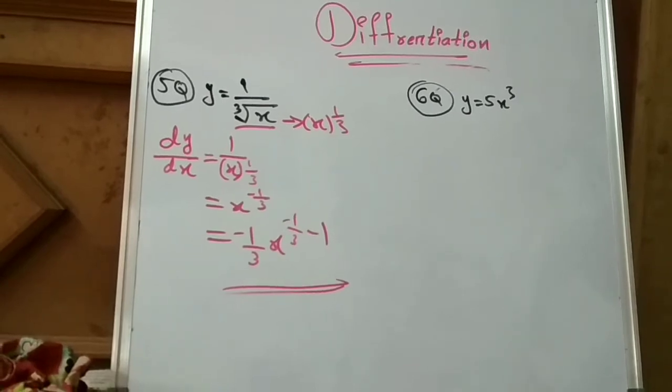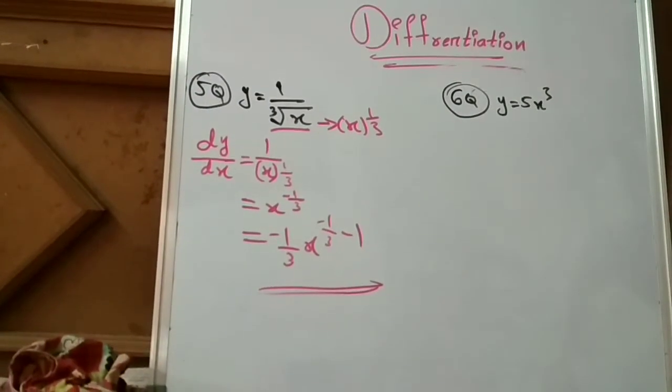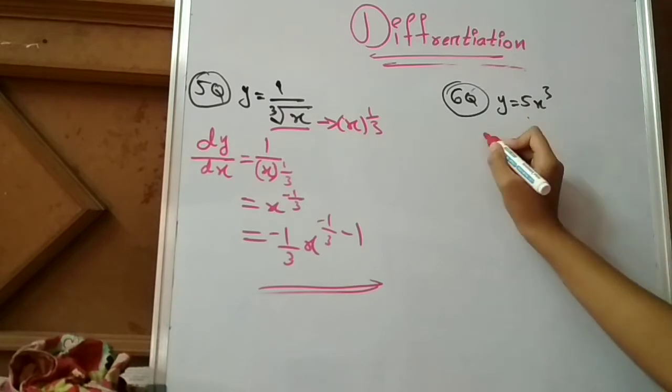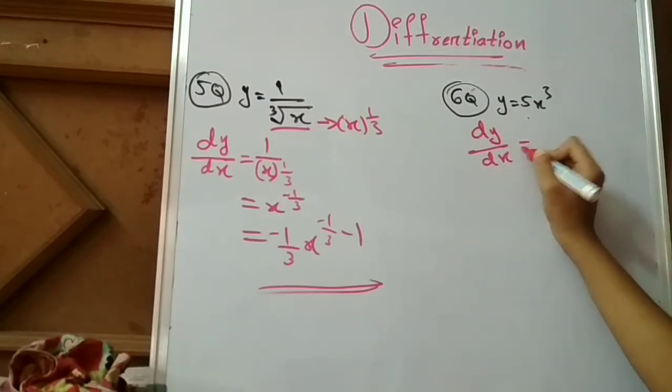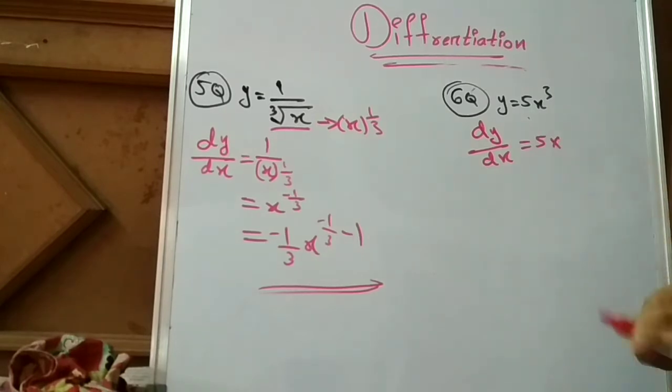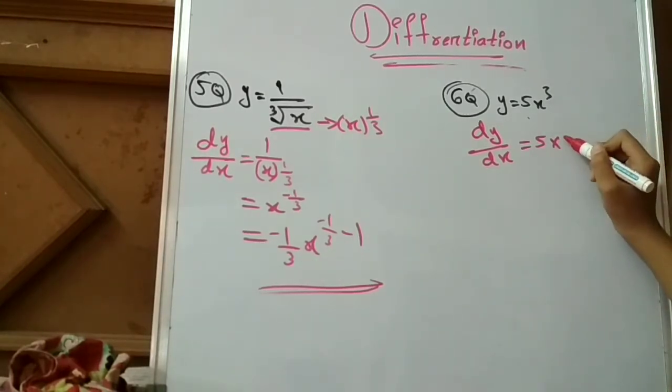Here y is equals to 5x cube. Okay, 5x cube. So 5 is also there, don't worry. dy by dx equals 5 into, don't remove 5, keep as it is. 5 into, what is the value? 3.